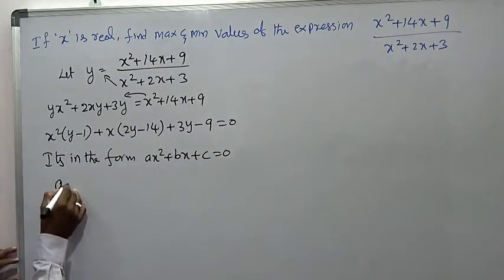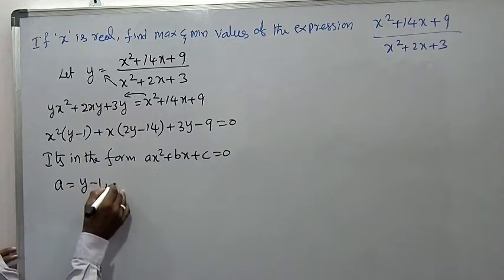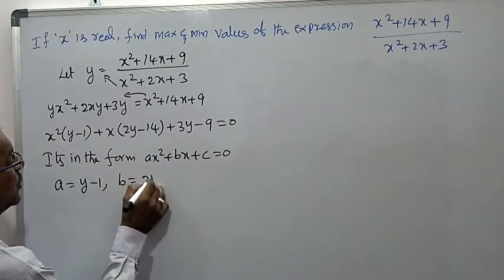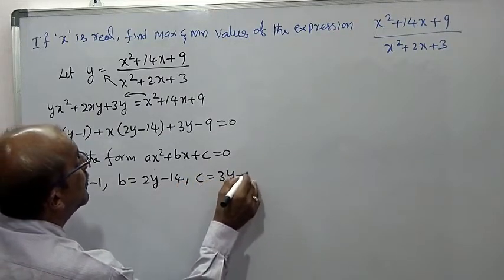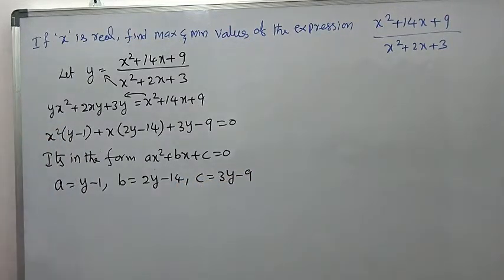Now here a is equal to y minus 1, b is equal to 2y minus 14, c is equal to 3y minus 9. So we compare the coefficients of x square, x and the constant.